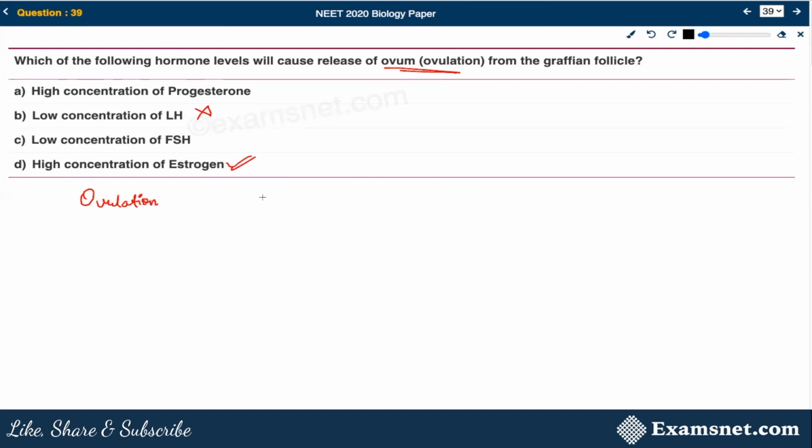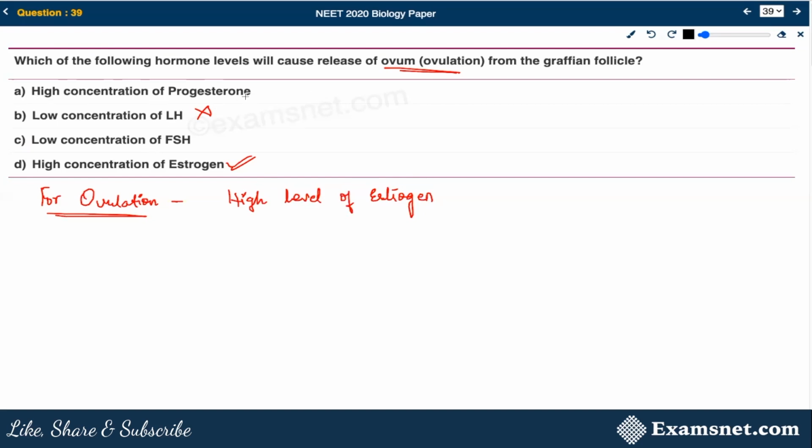And what will be the explanation? For ovulation, a high level of estrogen is needed.